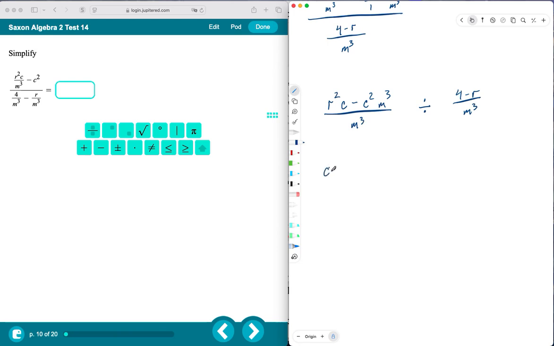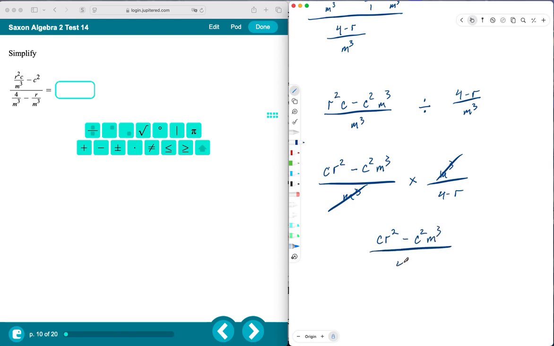So technically this is going to be c r squared, if we write it in alphabetical order, minus c squared m cubed over m cubed times m cubed over 4 minus r. So the m cubes cancel. So this is actually going to be cr squared minus c squared m cubed over 4 minus r.